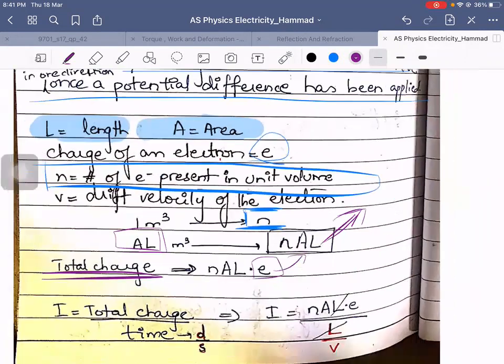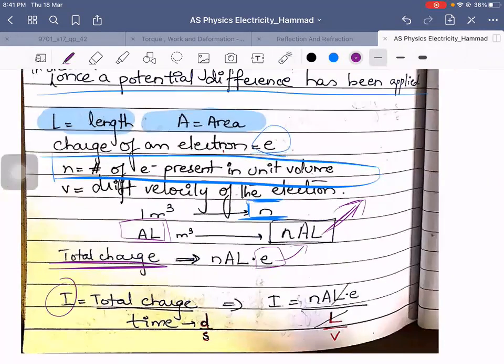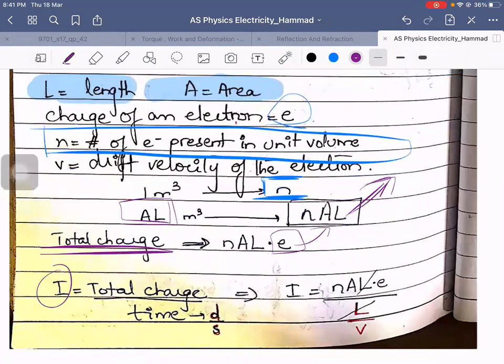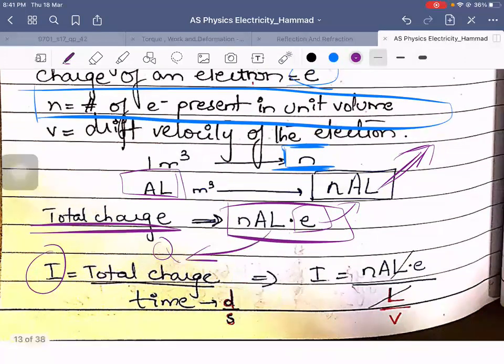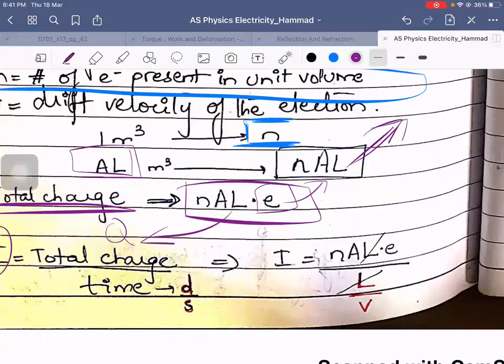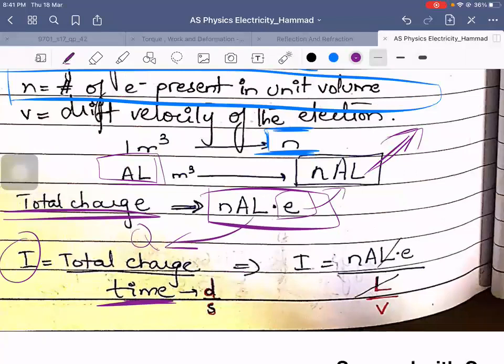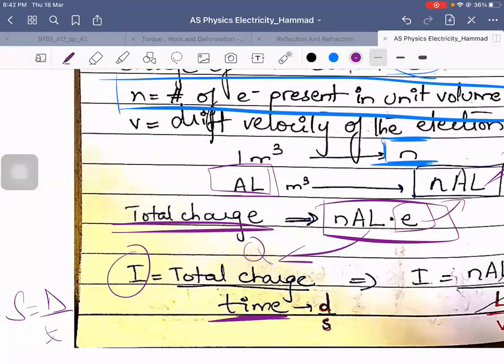You know for a fact that Q is equal to IT, that Q is the total charge and can be replaced by this quantity. Time is distance upon speed. Speed is equal to distance upon time. So I'm just replacing the terms, converting it into distance upon speed.